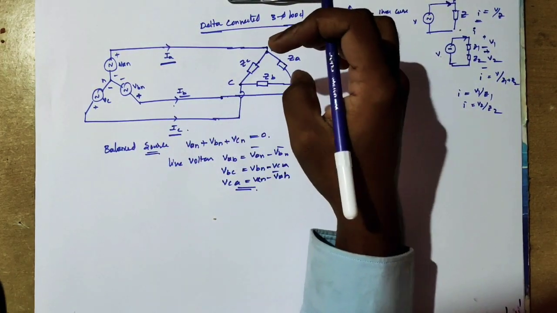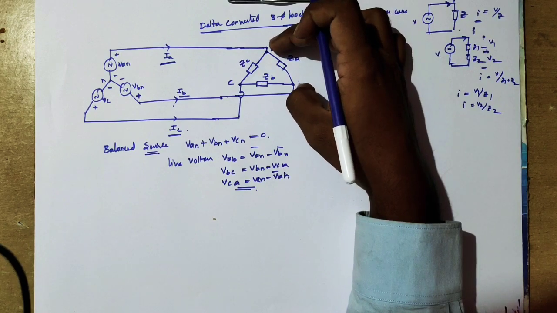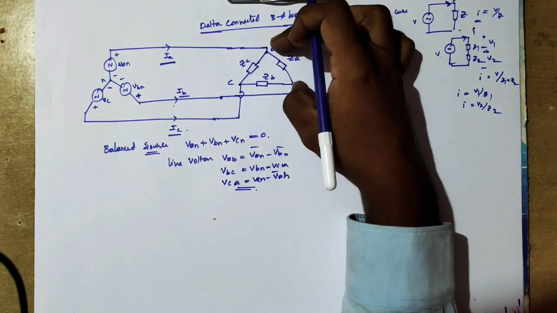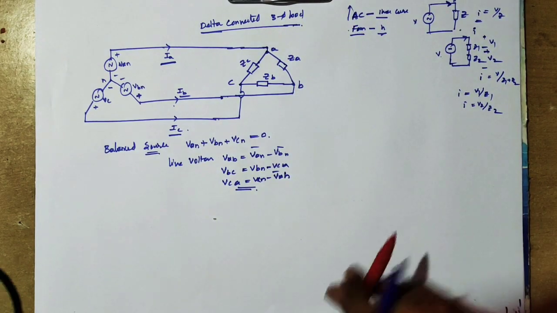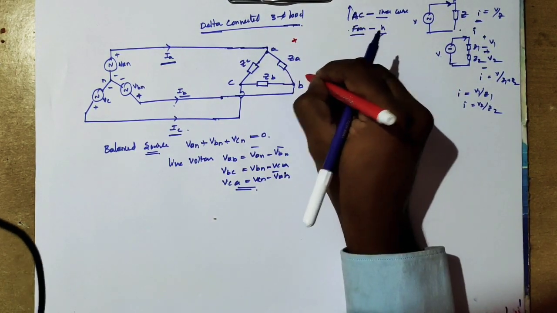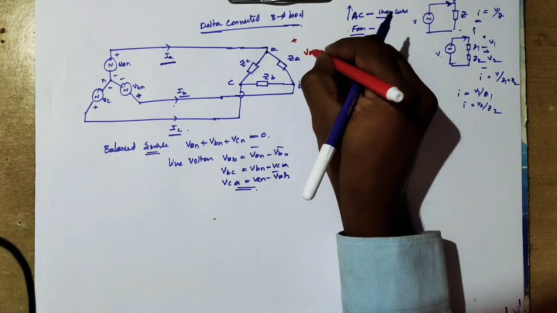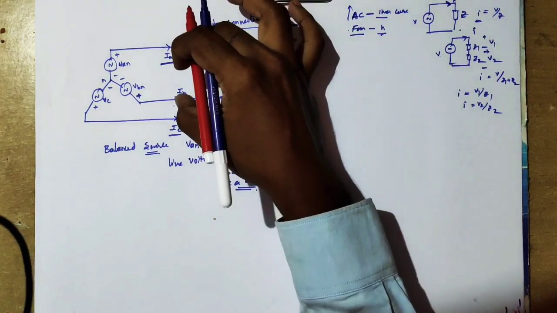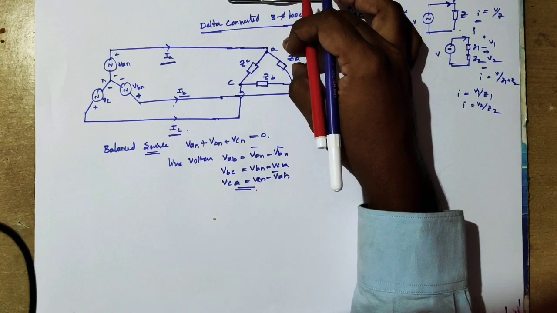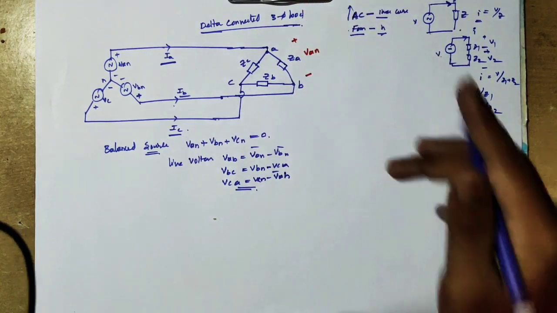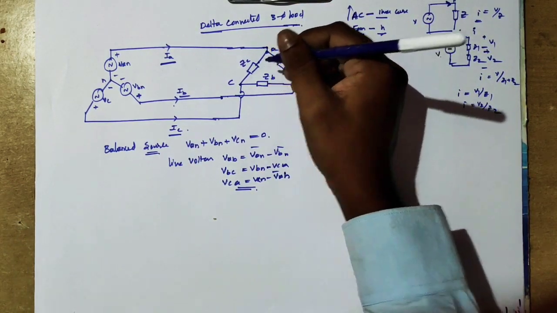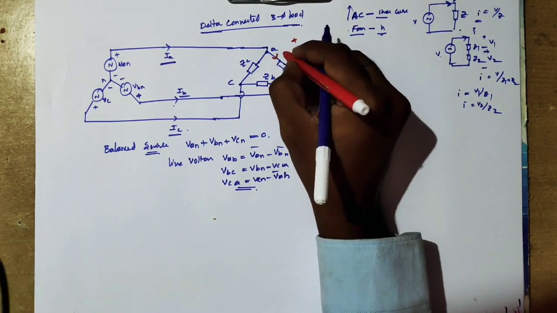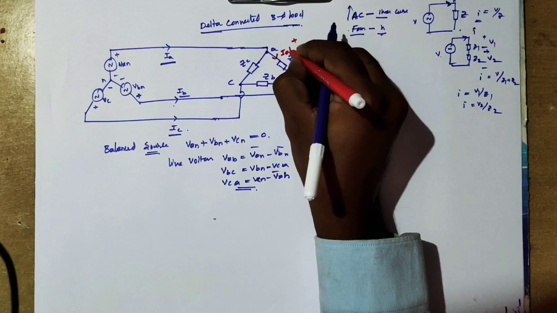You know the voltage connected across AB is the line voltage VAB, right? So the voltage across ZA is VAB. You know the value of VAB and the value of ZA, so you will know the value of the current flowing through it. I am naming this current IAB.